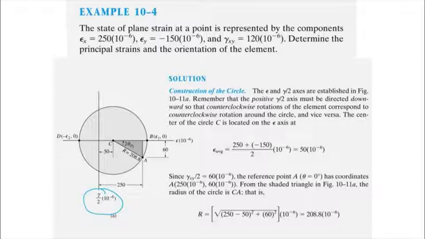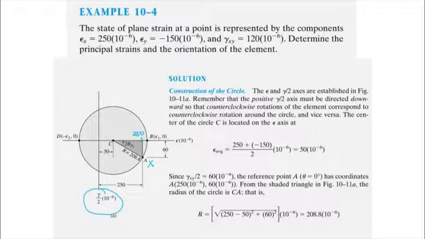That gives us point C. Then we plot point X, or point A. So we can call that X even. So epsilon X is 250. So we plot epsilon X 250. And we plot gamma xy over 2.